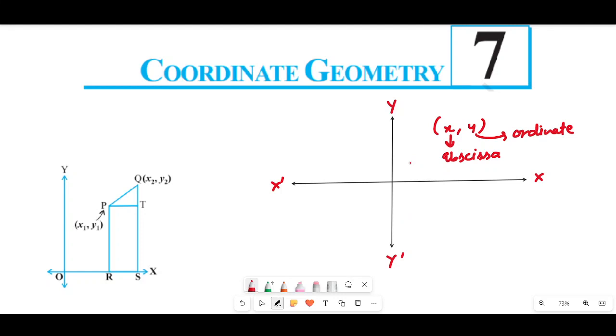So in the first quadrant the ordered pair will be plus plus, and here minus plus, and here minus minus in the third quadrant, and in the fourth quadrant the ordered pair will be plus minus. I hope you know about this.